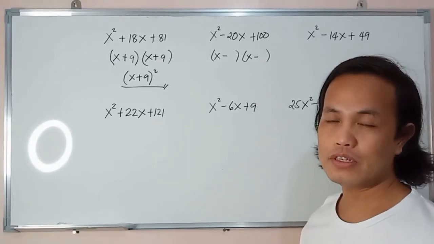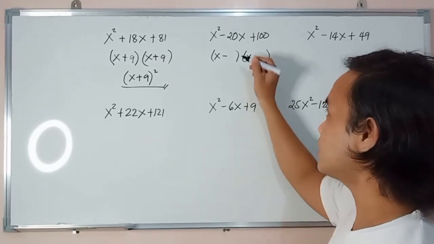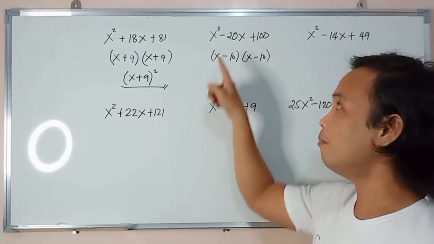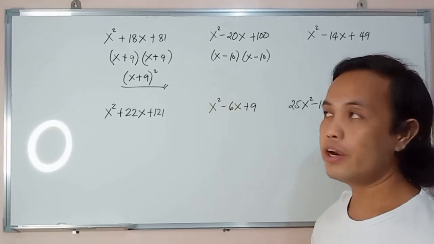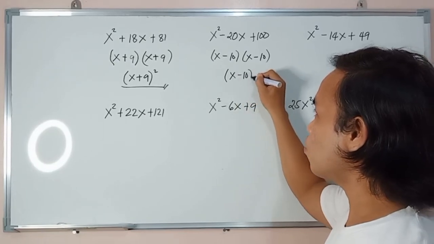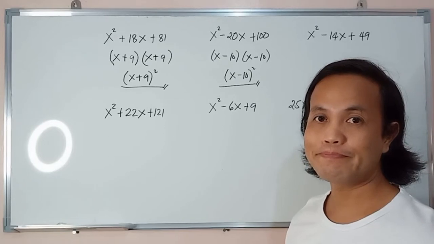The square root of 100 is 10, so we write here 10. The factors of this trinomial are x minus 10 and x minus 10, which can be expressed as x minus 10 quantity squared. This is now our answer.